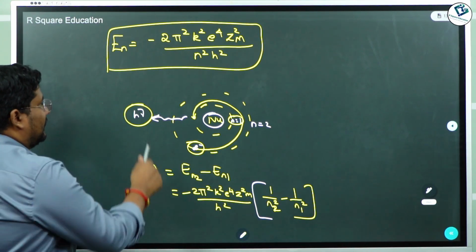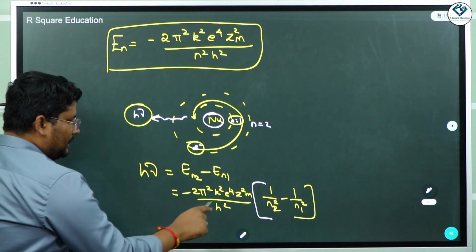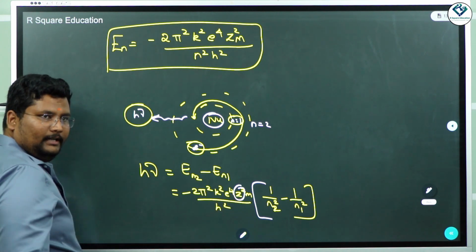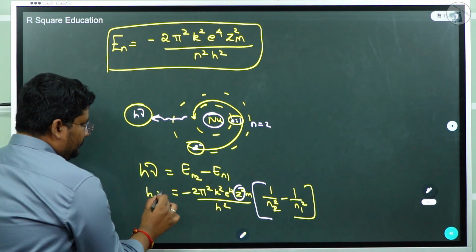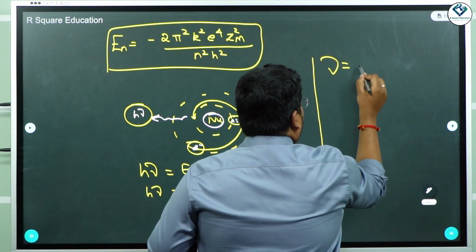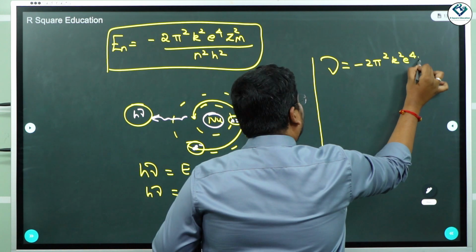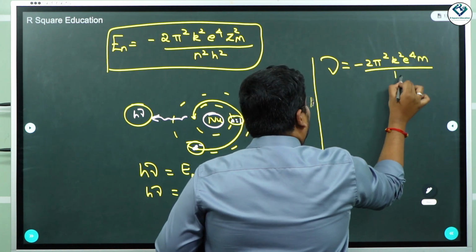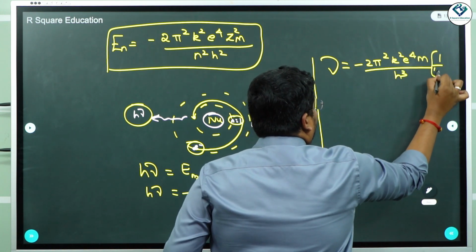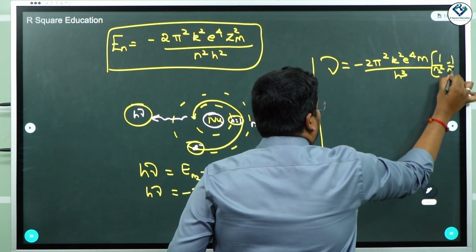Right? So we are dealing with the hydrogen atom, so z is equal to 1. Right? So what will this equation be now? Also I can take minus 2 pi square k square e power 4 m whole divided by h cube, into 1 by n2 square minus 1 by n1 square.